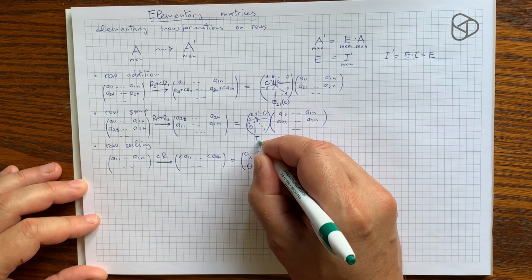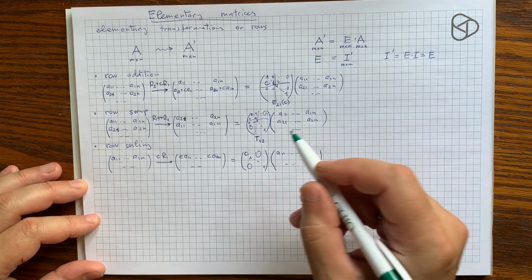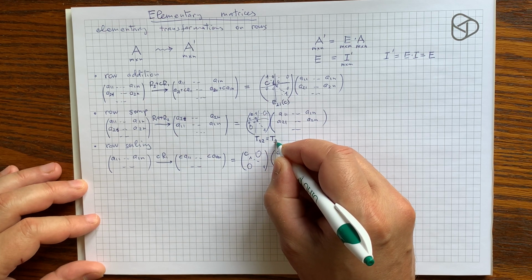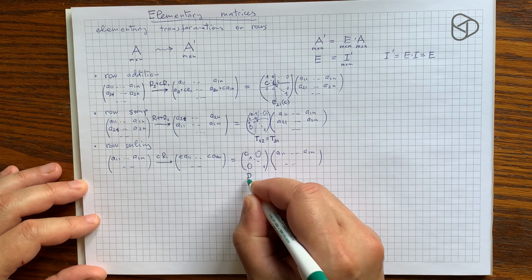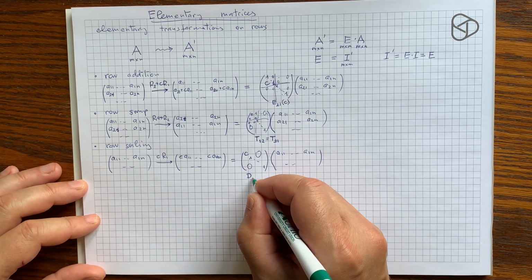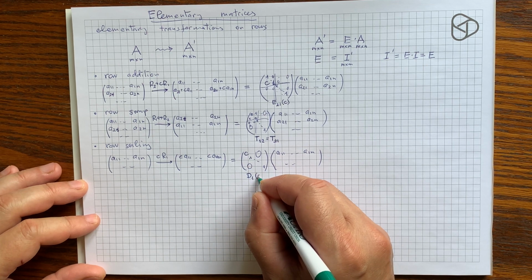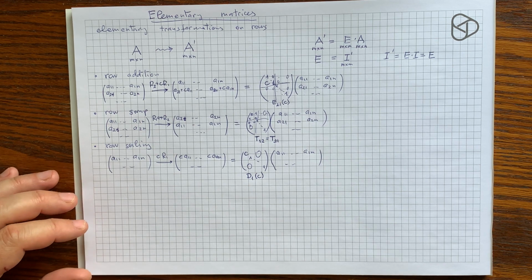The swap matrix, just telling which rows we're swapping, 2 to 1 or 1 to 2, it doesn't matter, it's the same transformation. Here we have a diagonal matrix where all non-zero interesting entries are on the diagonal, and the specific diagonal entry, which is not 1, is in position 1, and it is C. So these are the codes.